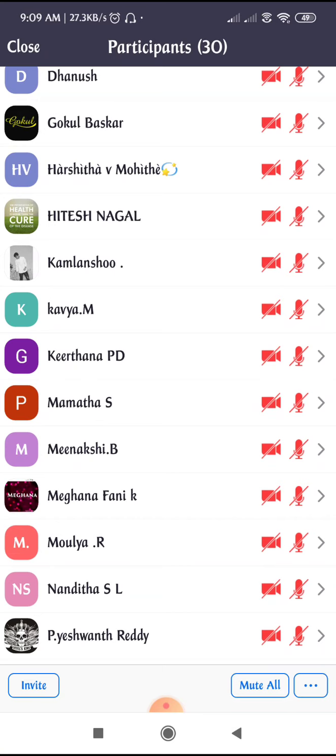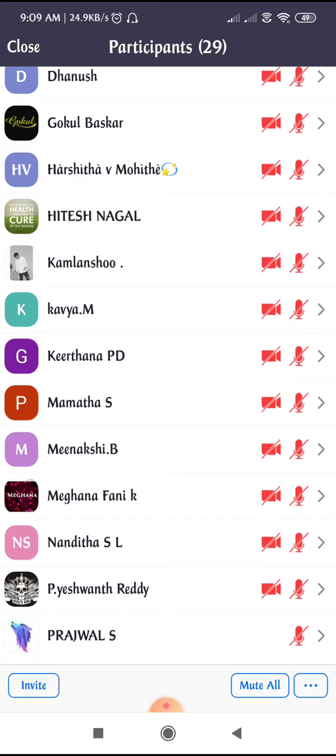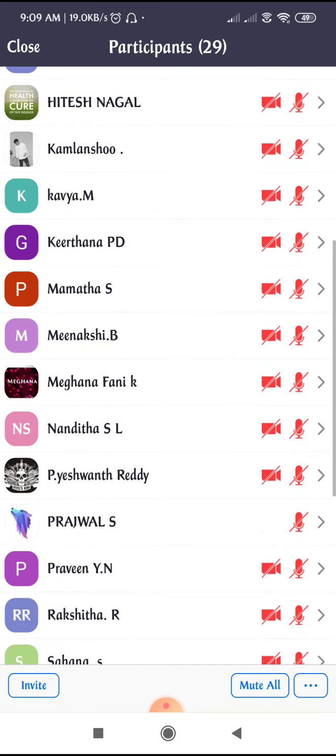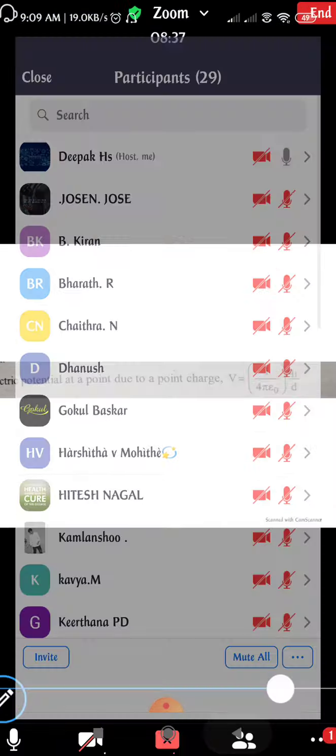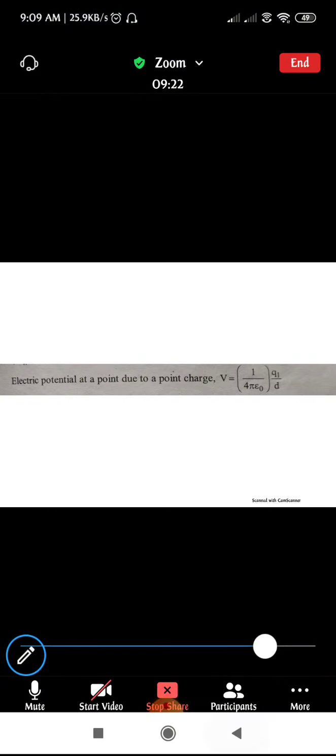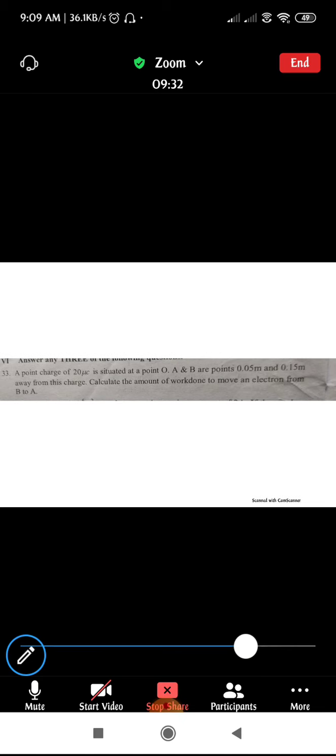V value? What is the value of V? I didn't get the answer apart from Gokul.